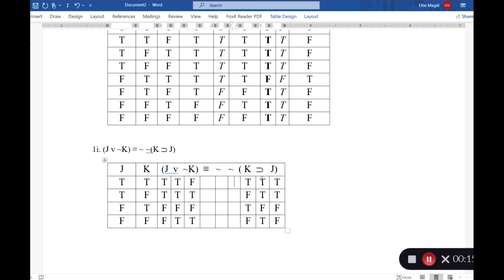We're going to negate this column here for the whole conditional. So now we're going to say false, false, true, false. Then we're going to do the negation process again from that negated column. So we're going to flip them back to true, true, false, true.